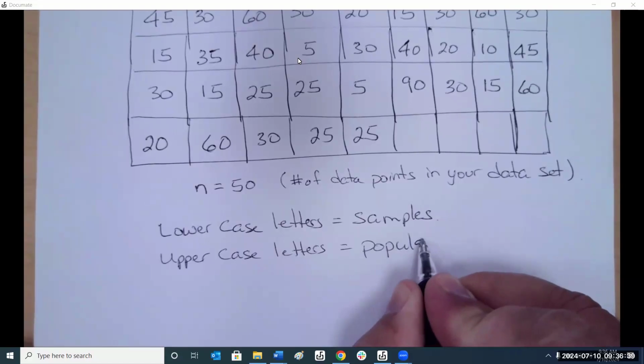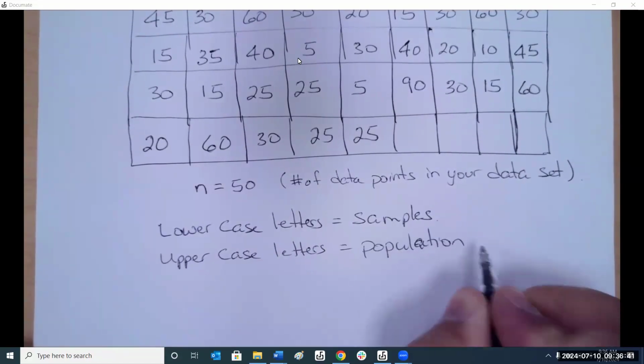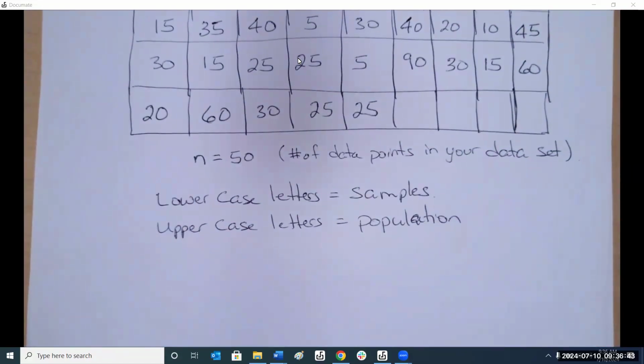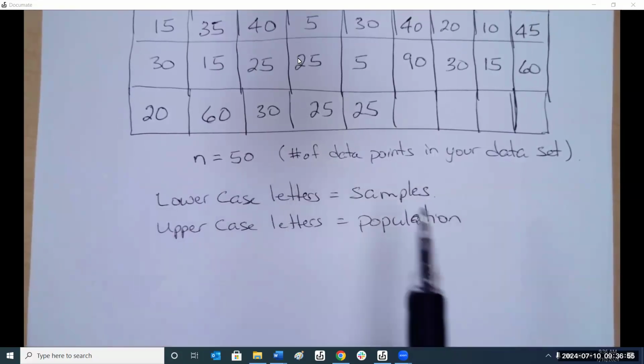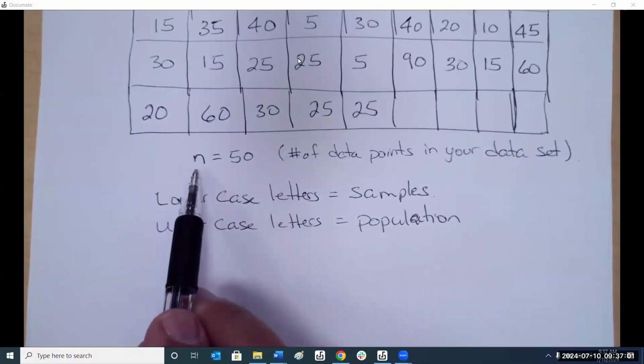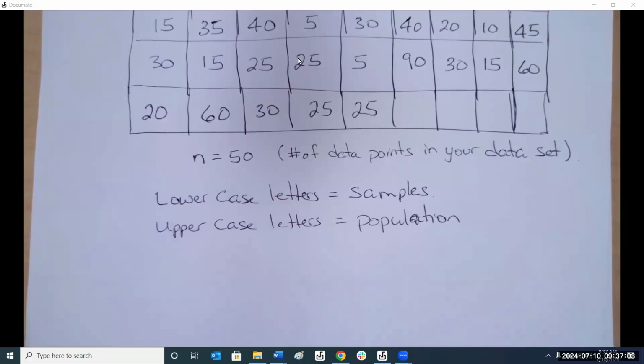A population. That way you'll know if it has a lowercase n, then this number is an approximation. It's guessing the population. If it was a capital N, then we know that's the entire population. So whatever I come up with in the calculations is the solid truth.